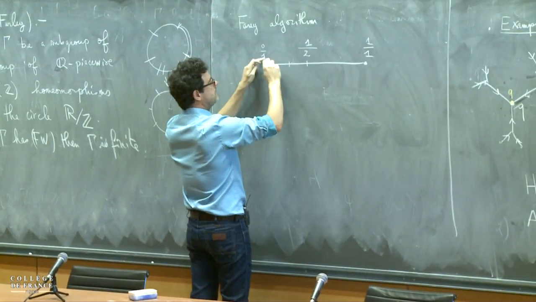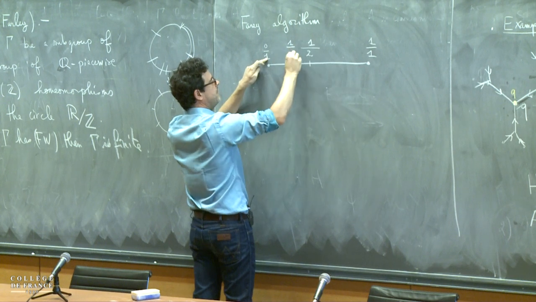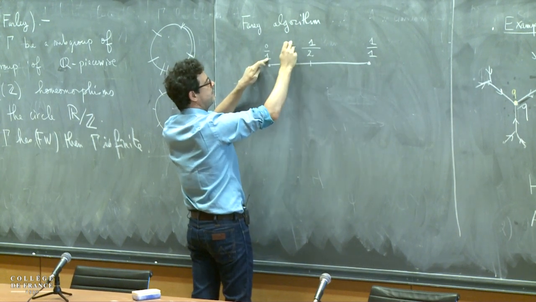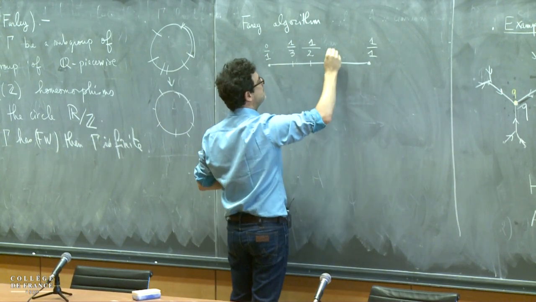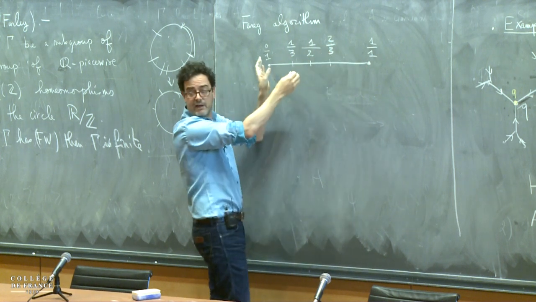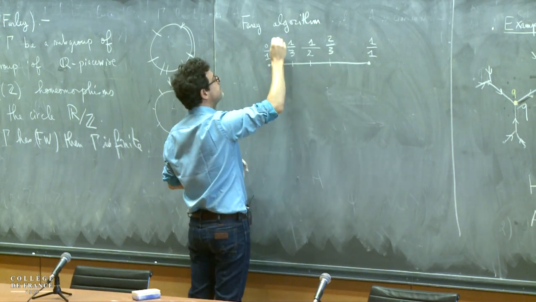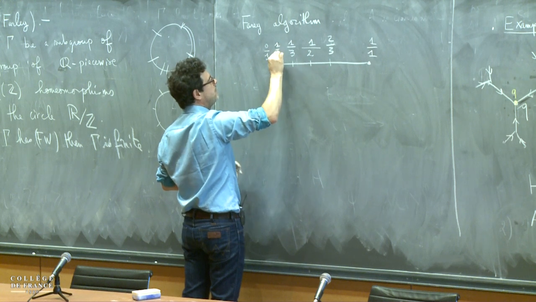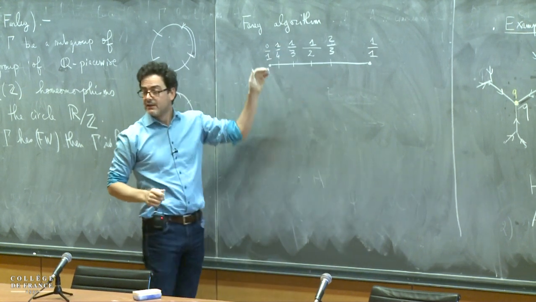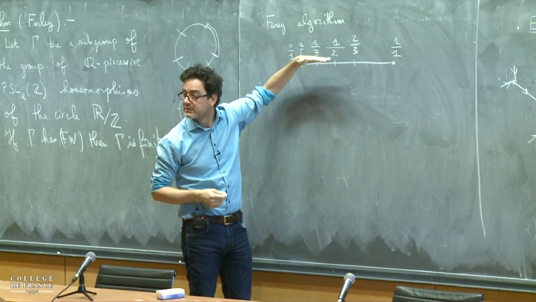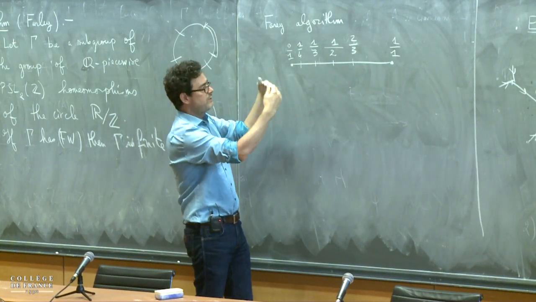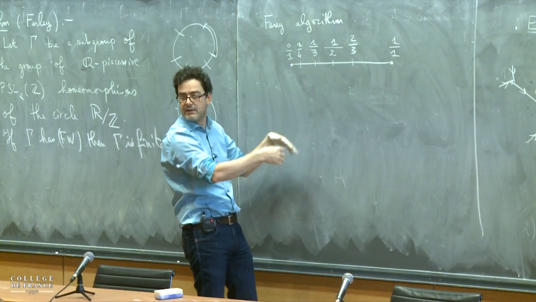So you add up above and below. I add 0 and 1, I get 1, and 1 and 2, I get 3. And then here I get 2/3. And you continue like that. Here it's 1 over 4, etc. So you produce all rational numbers this way. Each time you do it, you double the number of rational points, and you get all of them.